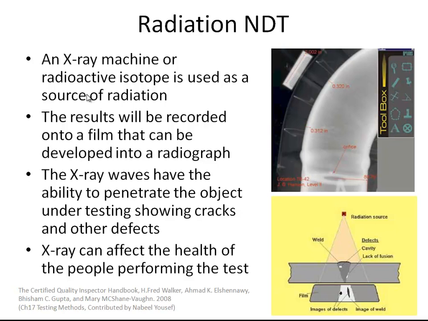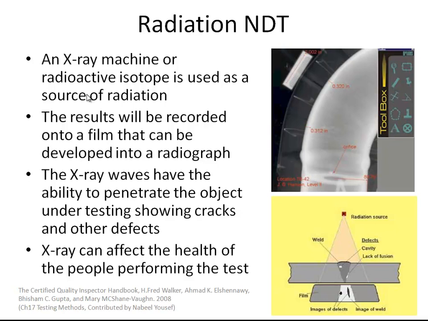In the radiation method, an X-ray machine or radioactive isotopes is used as a source of radiation, which will have the ability to penetrate the object under testing, showing cracks and other defects as shown in this figure here. So the results will be recorded into a film that can be developed into a radiograph showing those defects.